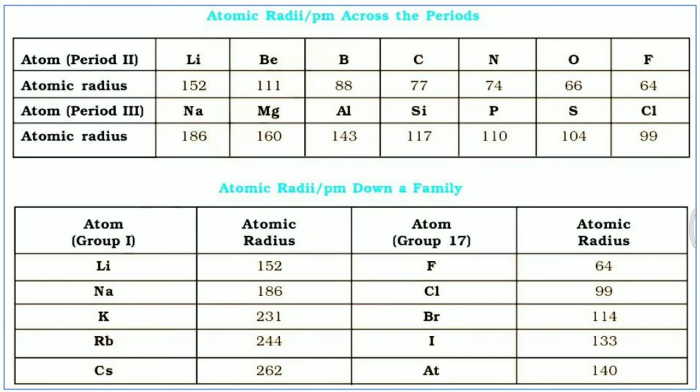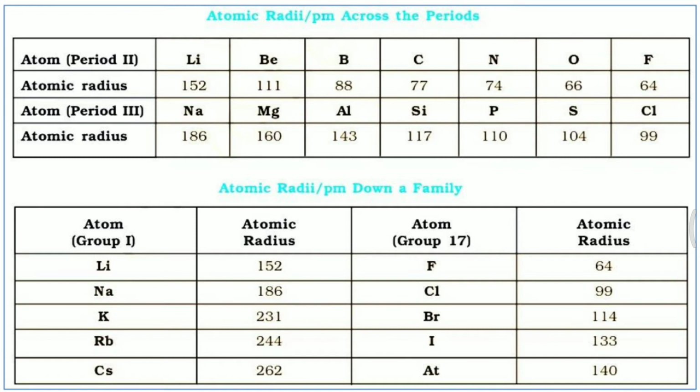Now you can see in this table the atomic radius for various elements like lithium, beryllium, boron, carbon, nitrogen, oxygen, and fluorine, which are present in the second period. The atomic radius value is given in units of picometer.